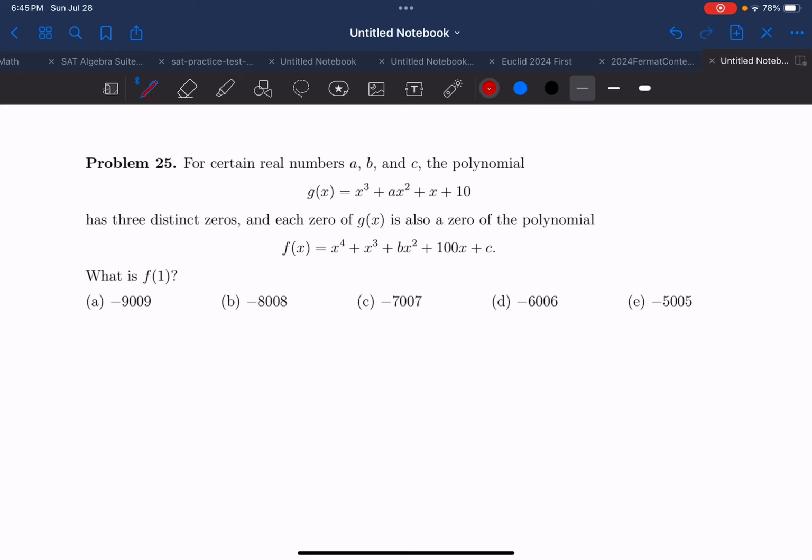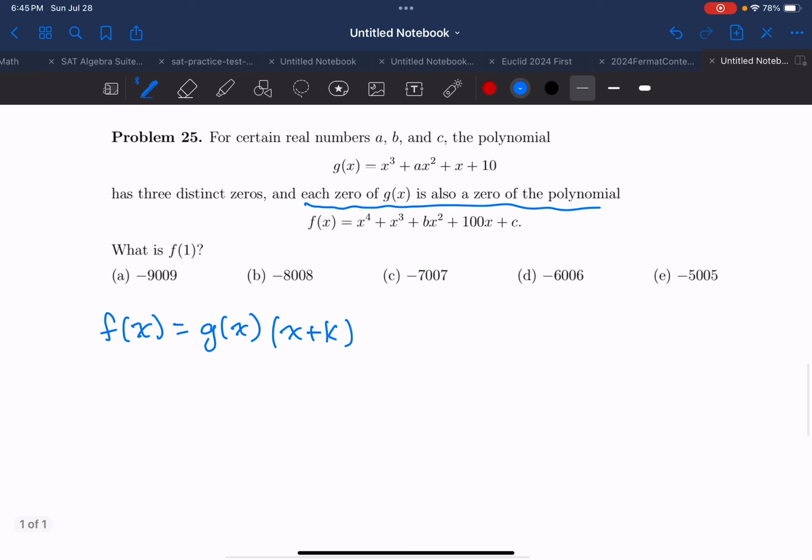So since we know that each zero of g(x) is also a zero of f(x), we could write f(x) equals g(x) multiplied by some kind of x plus, for example, k. We would not know what the k is from here, but since they share the same zeros, we could represent it as this.